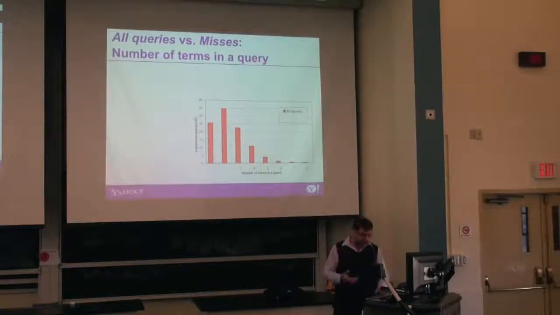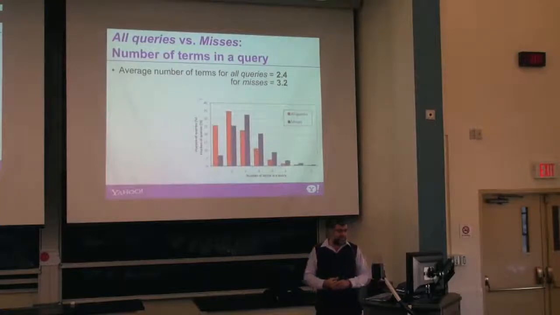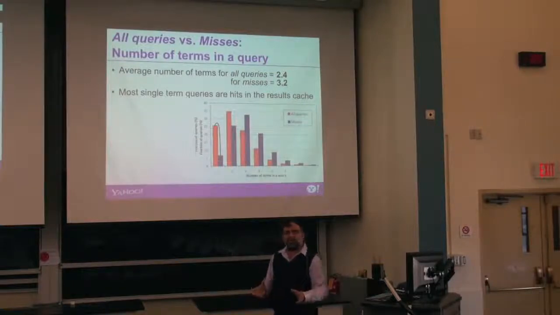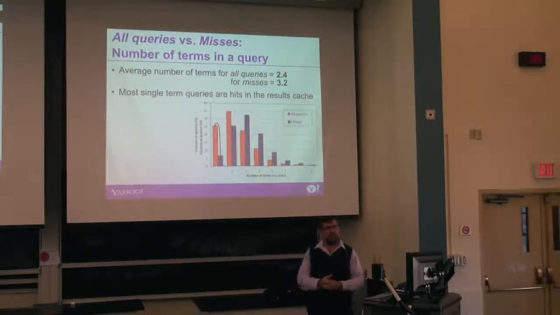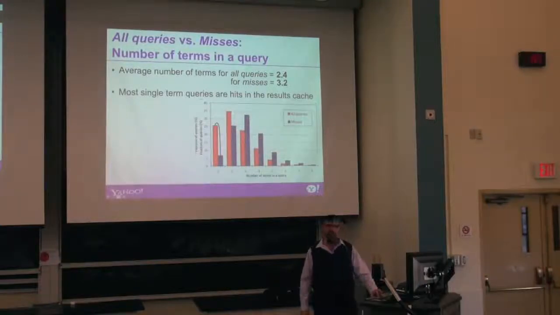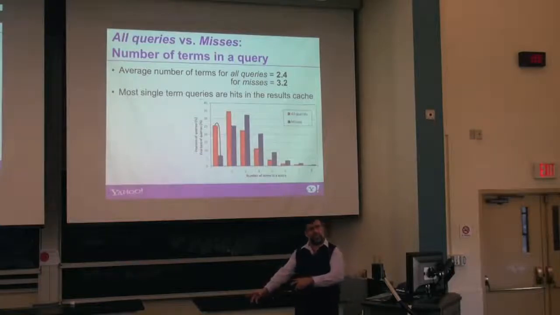But if you cache answers, we take the most frequent queries, the average number of terms goes to 3.2. So basically, the answer cache takes care of most of the singleton term queries, and then the distribution after is completely different. In fact, the mode here is on 3, not on 2. And you have to take that into account if you want to do the index caching.